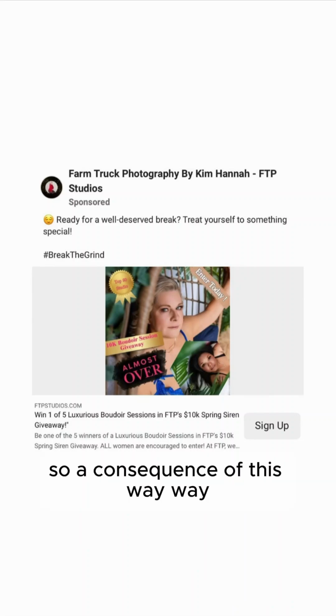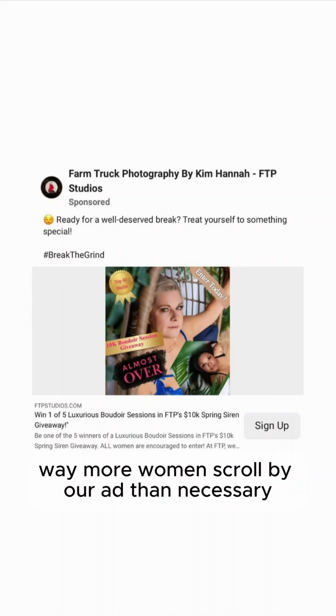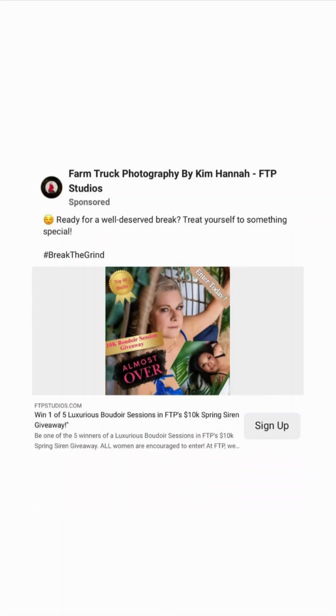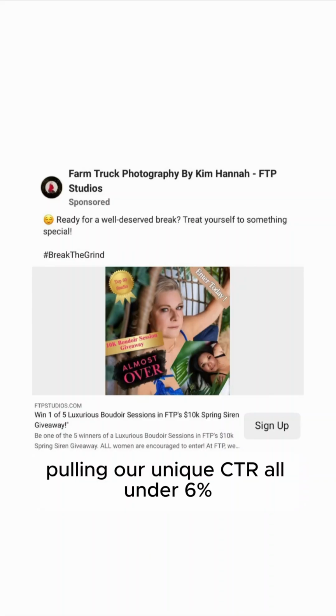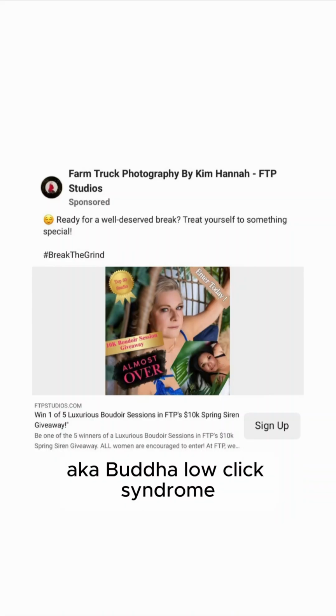So the consequence of this is way more women scrolling by our ad than necessary, pulling our unique CTR under 6%, and increasing the probability that we have BLCS, aka boudoir low click syndrome.